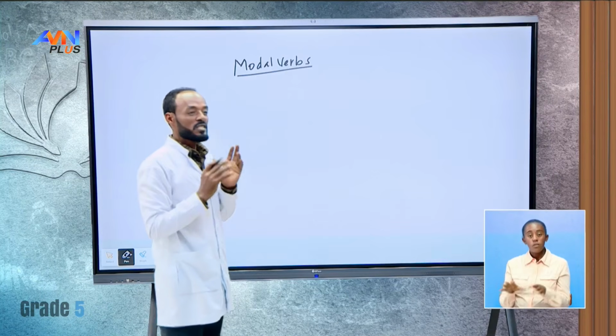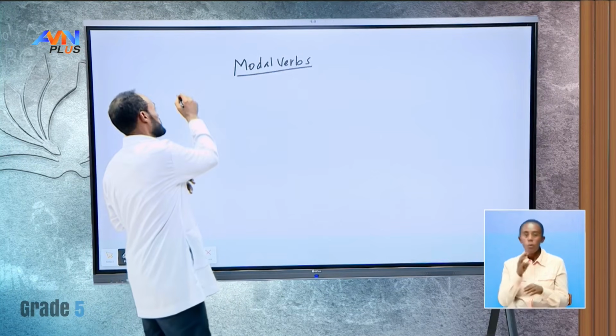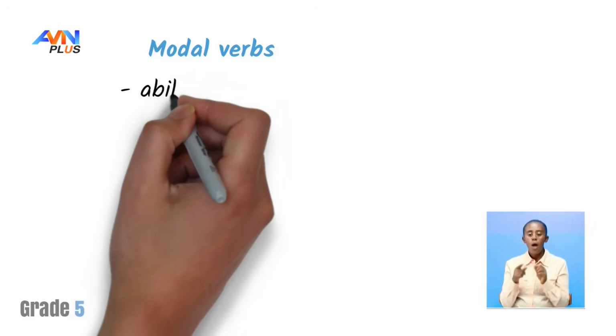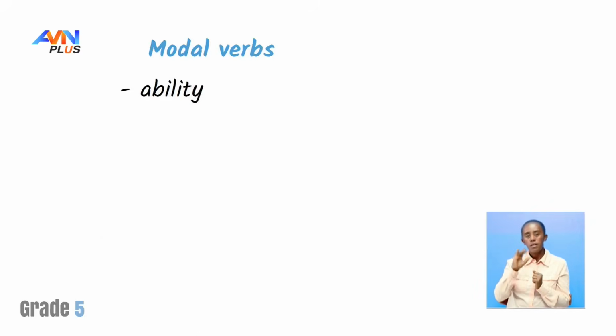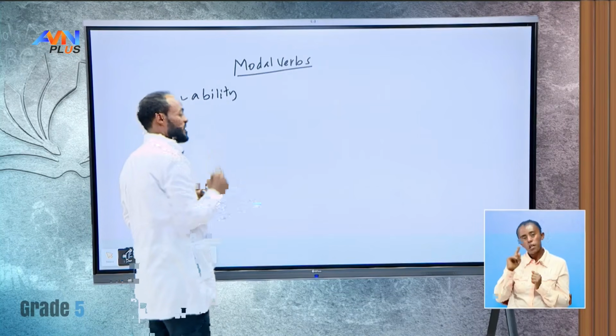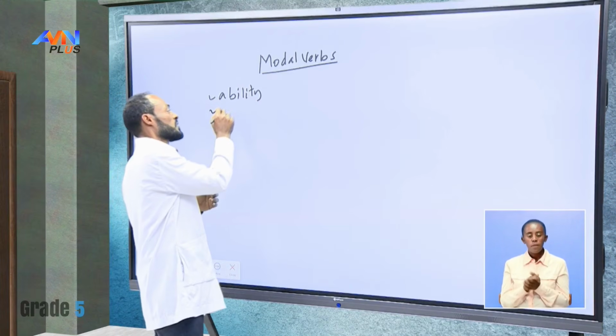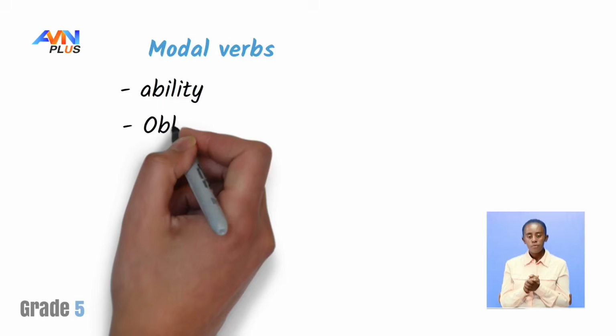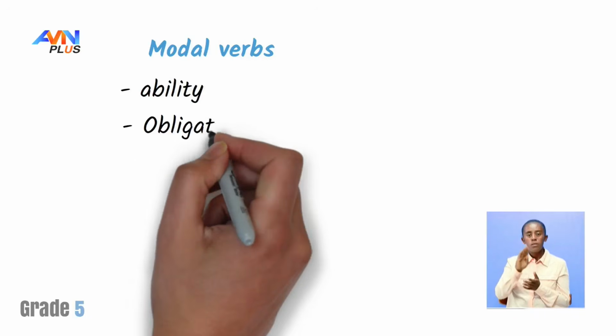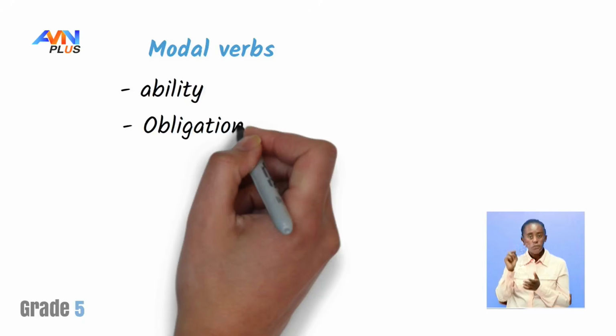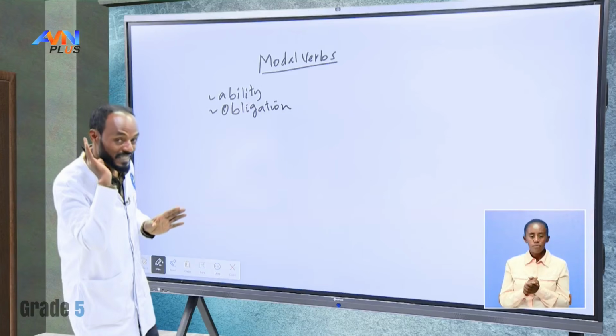Students, we use modal verbs, one, to talk about ability, to express the ability of someone or something. And maybe another one is to express obligation. What about another concept?